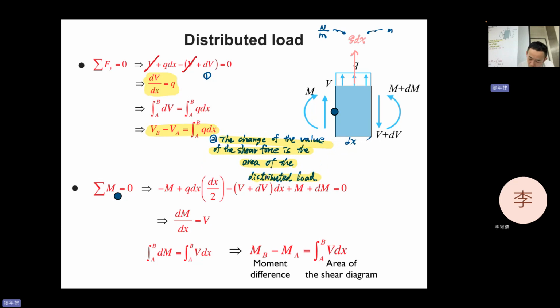All right, so you can see this is the shear force difference.